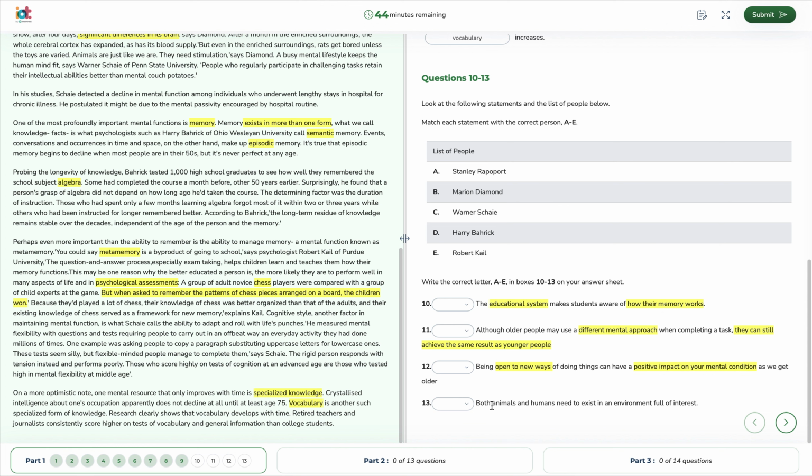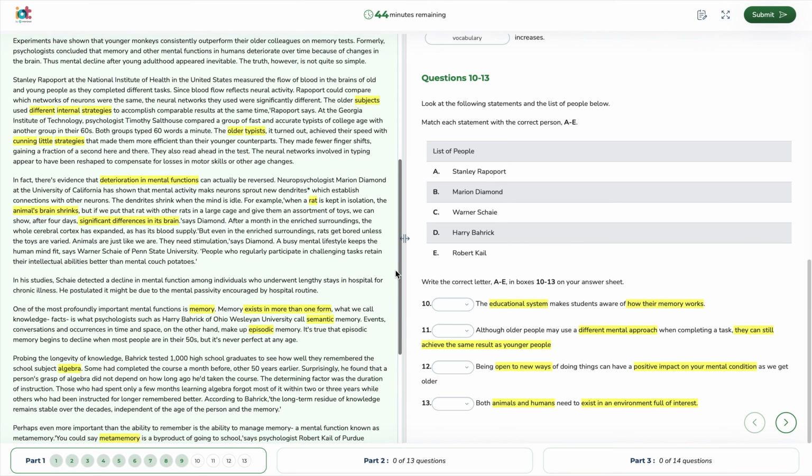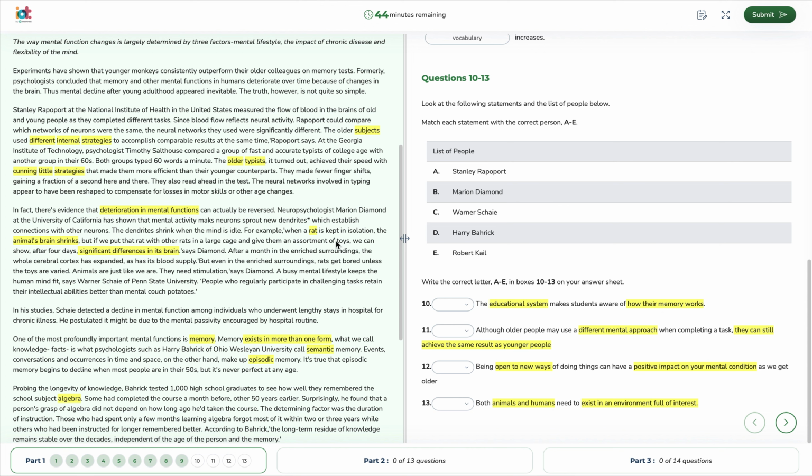And then, both animals and humans need to exist in an environment full of interest. So there are the people's names. If you remember the MCQs and the fill in the blanks we have done before, on the upper side, if we see this one, both animals and humans need to exist in an environment full of interest. Here it was talked about rats.